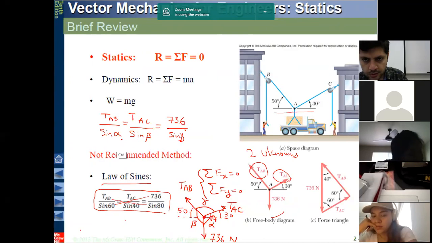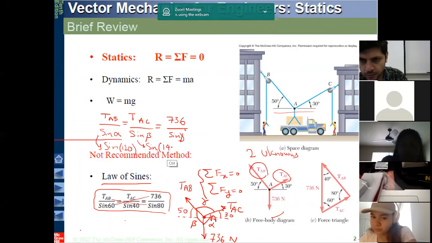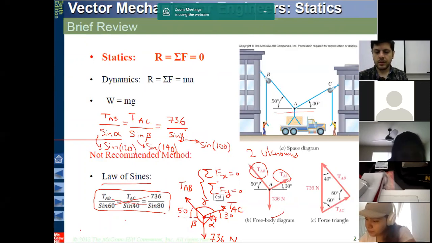So beta is 50 plus 90, 140, and gamma here is 180 minus 80, so 100. Now that you have all the values, you can easily determine TAB and TAC.